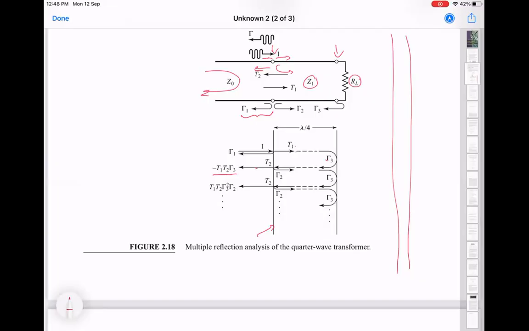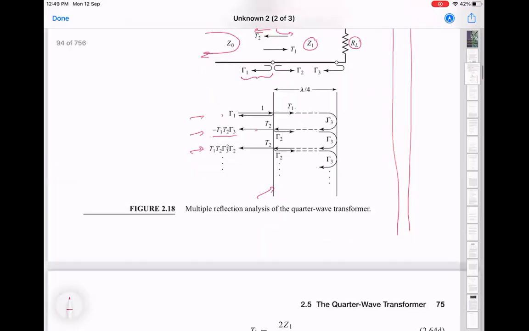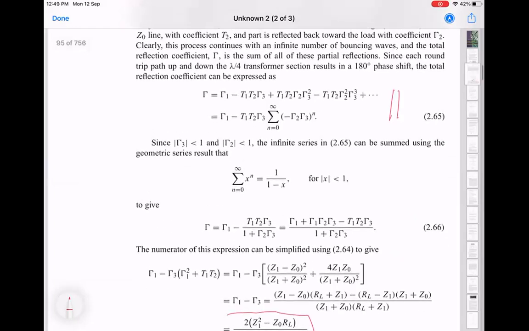Like, will this number be smaller than this one? Will this number be smaller than that one? Between 0 and 1. Yeah, but as we go further and further, this amplitude is going to go down, right? Because each time you're working with a smaller amplitude than you started with the first time. So it's a series whose value is slowly going towards 0. So it can have a limiting sum. So that's what they do here.